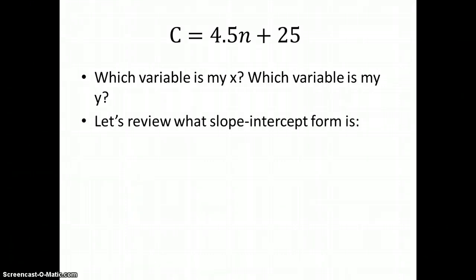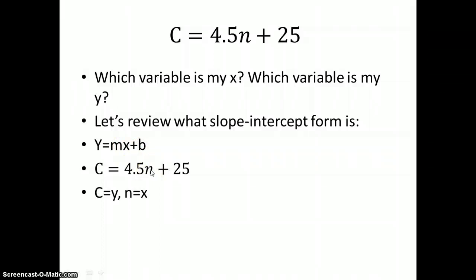We know that slope-intercept form is y equals mx plus b. And if we line up our equation with the slope-intercept form, we see that our C lines up with our y and that our N lines up with our x. So we're going to say that C equals y and N equals x. Now we can proceed on and begin graphing.